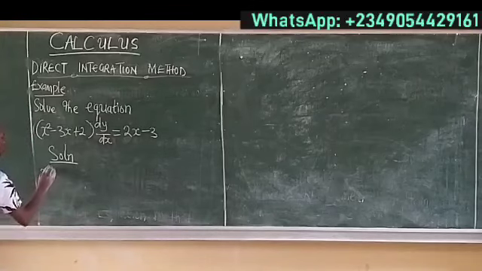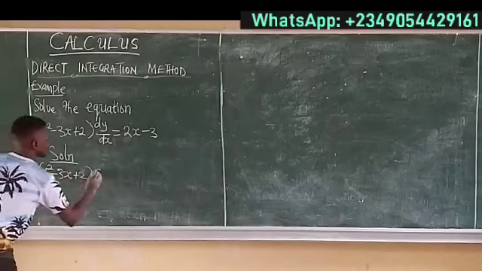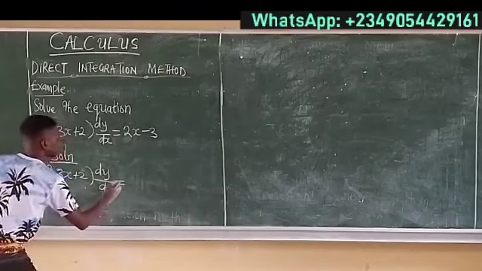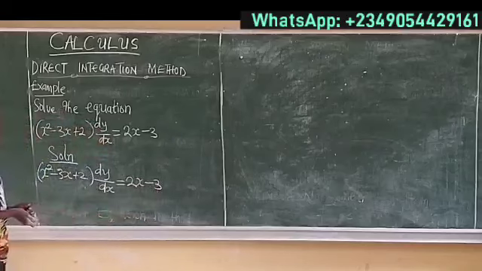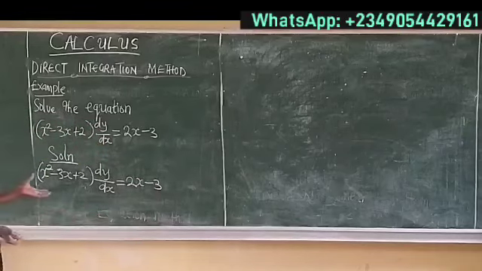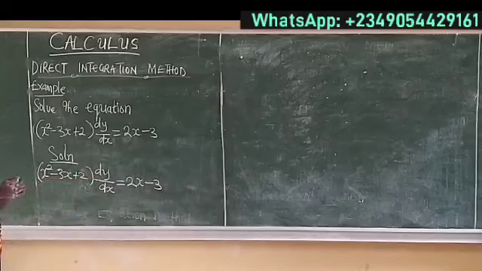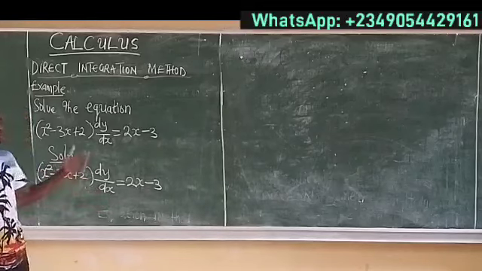Let's write out our equation. First of all, let's look at how we can make dy and dx on separate sides. dy should be on one side, while dx should be on the other side.